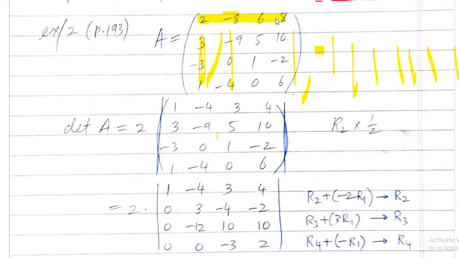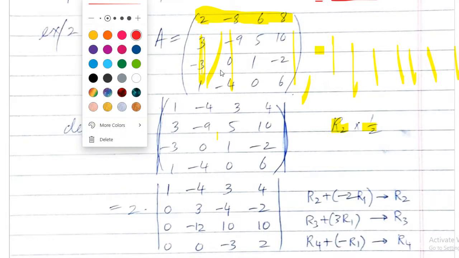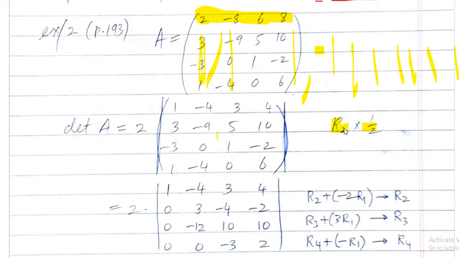You see, these values are all multiples of 2, so I can divide row 1 by 2. If I divide row 1 by 2, I get 1, minus 4, 3, 4. But as I said, if you divide something by 2, you should multiply by 2 outside. If you multiply something by 2, then you should divide by 2 outside. So you have to remember this. This is something we don't do in matrices.